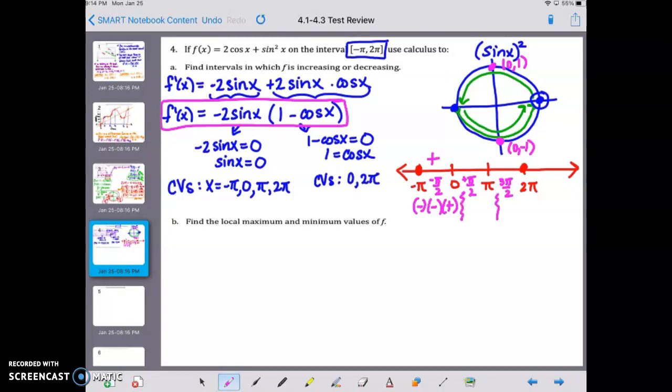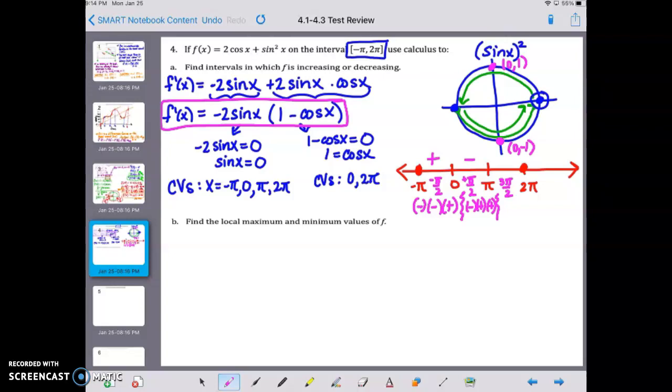All right. Next, we're going to test positive pi over 2. When we test positive pi over 2, the sine of pi over 2 is positive 1. So I end up with negative 2 times positive 1. And then finally, cosine of pi over 2 is 0, and 1 minus 0 is positive 1. Well, a negative times a positive is going to be negative.